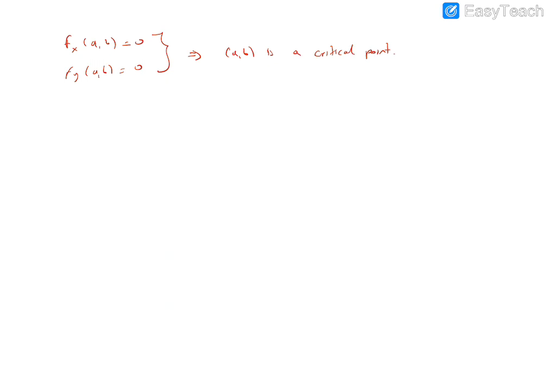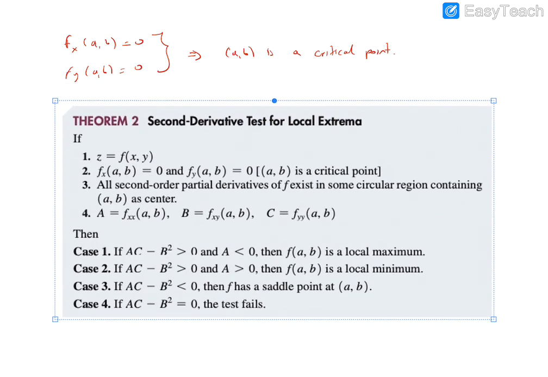How can we decide whether this critical point is a local minimum, local maximum, or saddle point? According to the following theorems, we can decide. This next theorem, using second partial derivatives, gives us the sufficient conditions for a critical point to produce a local extremum or a saddle point.